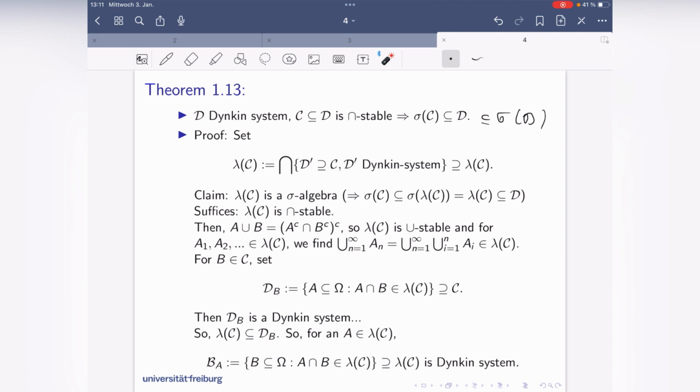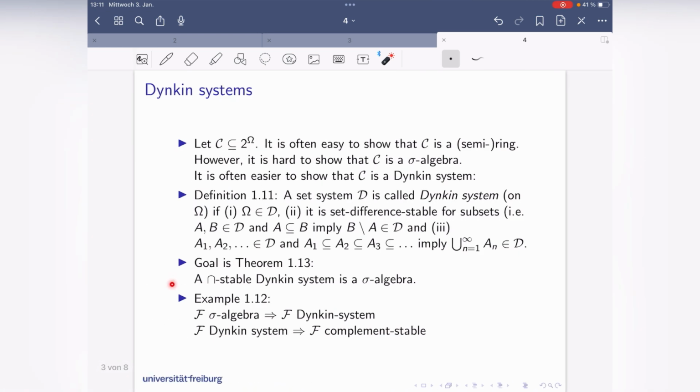So in this sense, this assertion here is more general than this here.